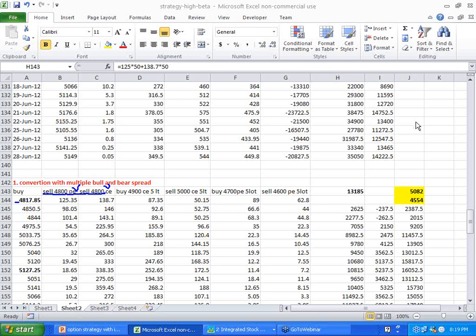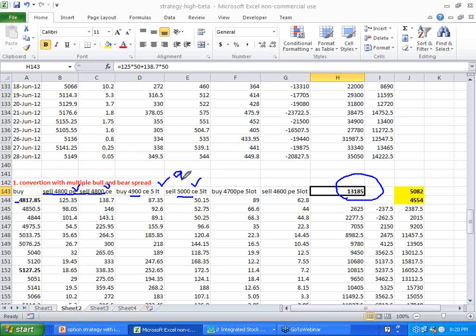This 13,000 I am going to invest again in option premiums to form multiple strategies. So here I have formed 5 lots of bull spread. I bought the 4,900 call option and sold the 5,000 call option. In one lot I am paying 37 rupees, and 5 lots I have taken, so I have paid about 9,250 rupees for the bull spread.